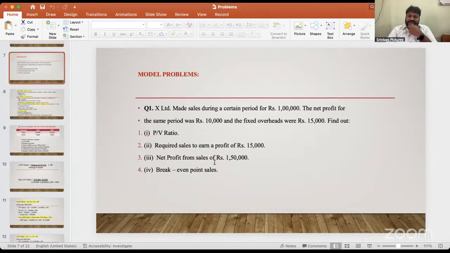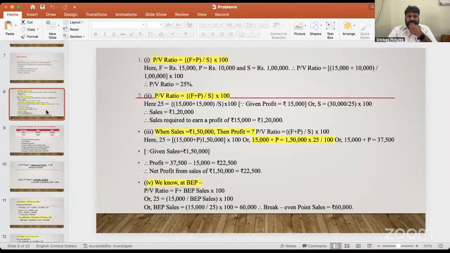So simply I'm going to show some formulas. The first one is the PV ratio: 15,000 and 10,000, that is 25% as explained. The next one is the required sales: fixed cost is 15,000 and the required profit is 15,000. Taking the PV ratio as 25%, the sales we require are 1,20,000.